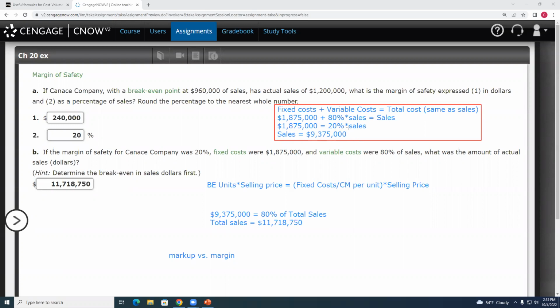So I had 20% of sales here, and I had to divide by 20% to get the full sales. Does that make sense? Or you could think of it as multiplying by 5. 20% of sales would be 1/5. So if we wanted to know the full amount of the sales, we just multiply by 5, if that helps think about it with the math.